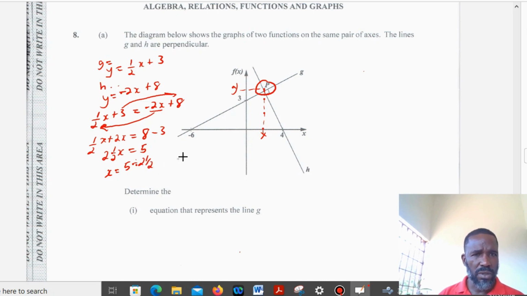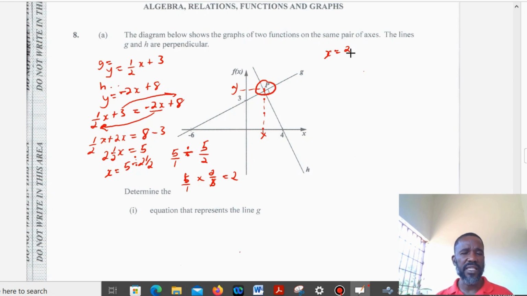Also, when we divide a fraction by a fraction, we say 5 over 1 divided by 2.5, which is the same as 5 over 2 and a half. Whenever we are dividing a fraction by a fraction, what do we do? We keep the first fraction, change the sign, and flip the second fraction. Okay, so we cancel 5, and we are left with 2. So therefore x is equal to 2.